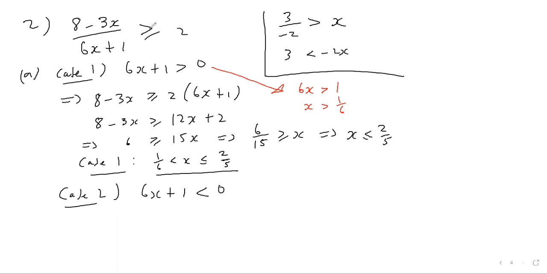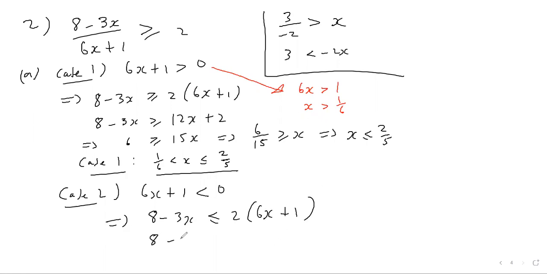You keep the equal sign there in this case, because we don't want to change the possibility for the left-hand side to be equal to the right-hand side, but we do want to flip it to a less than or equal to sign instead. So we're going to get 8 minus 3x is less than or equal to 2 times 6x plus 1.